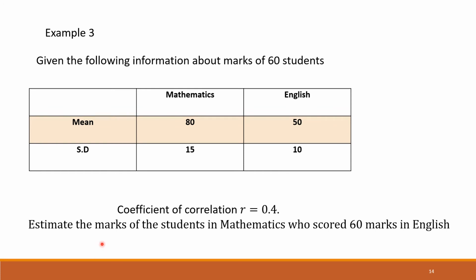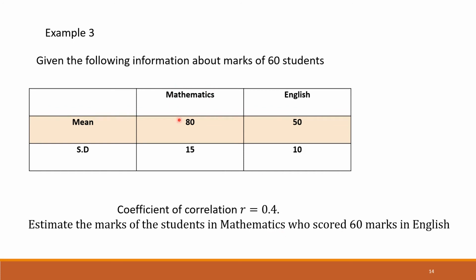What is to be calculated? Estimate the marks of students in maths. We have to find X when Y is equal to 60. So to calculate X, X has to be kept on the left hand side, which means the regression line of X on Y is to be calculated.